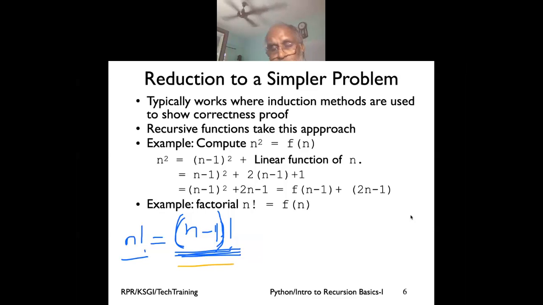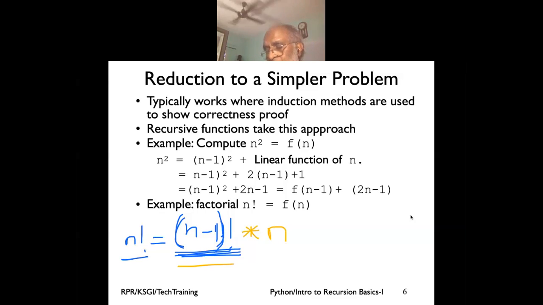Multiply. Not add 1, no, it's factorial. How can you add 1? So what should I do? See, if I were to multiply this by n, will it give me the answer?